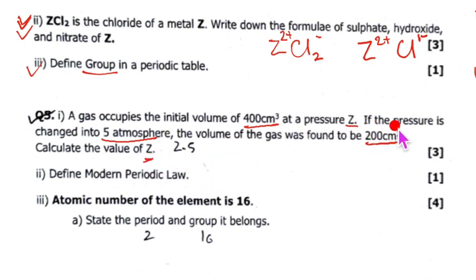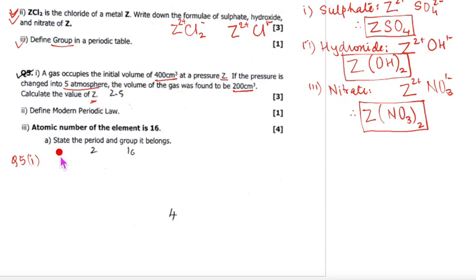Now can you see the pressure is changed? So did they change the temperature? No. If they didn't change the temperature, then we will say question 5 first part, with temperature remaining the same, we will have P1, V1. So we will write first of all the case 1 and case 2.